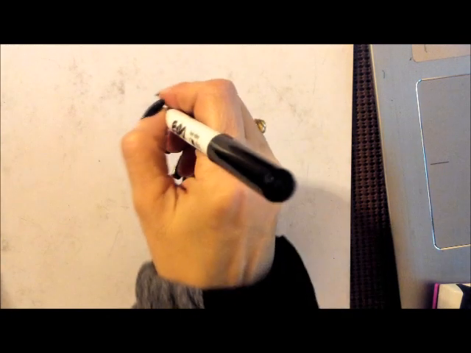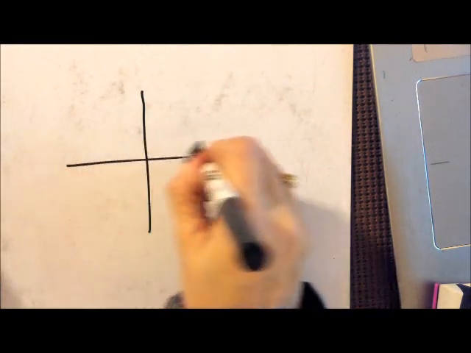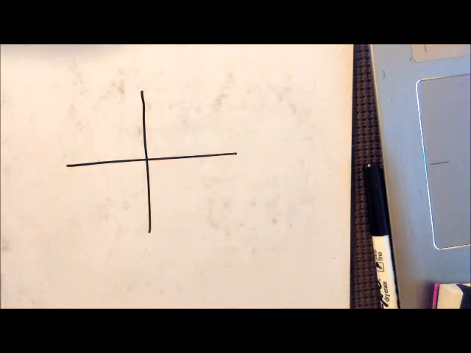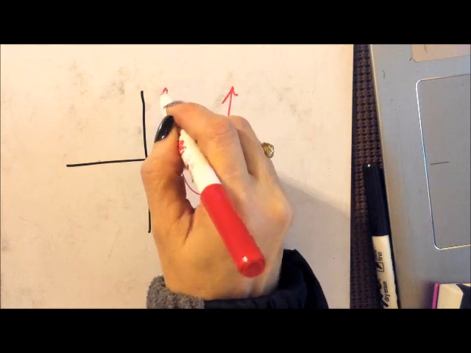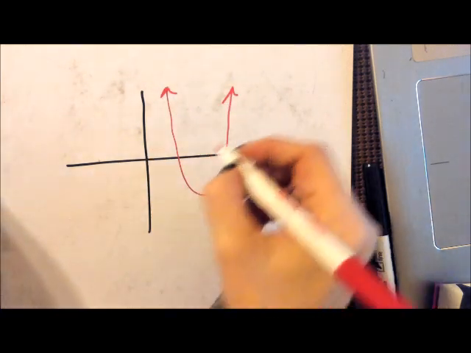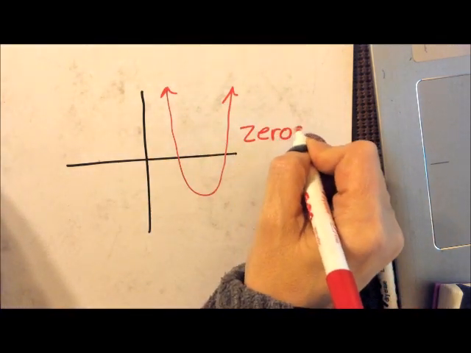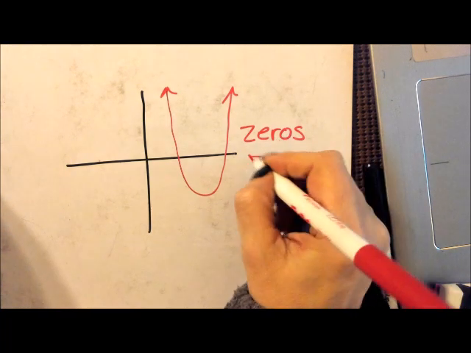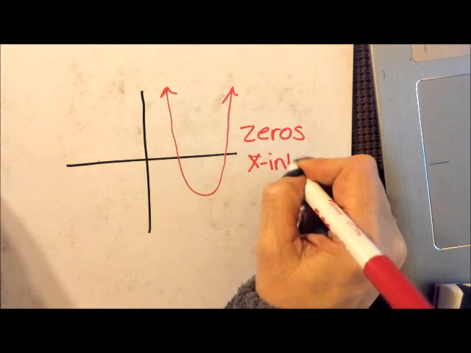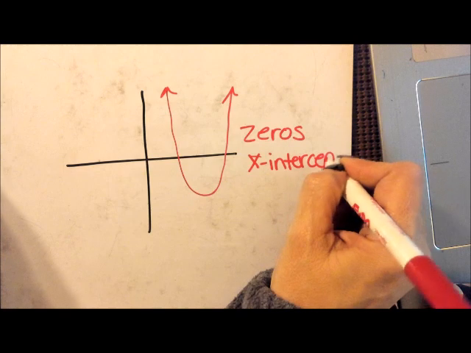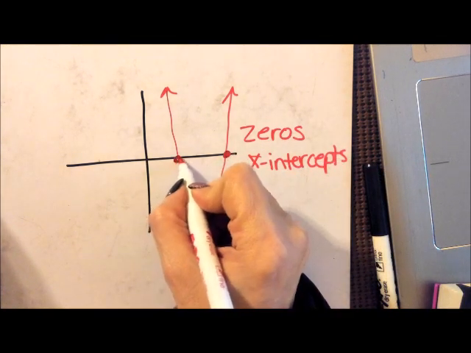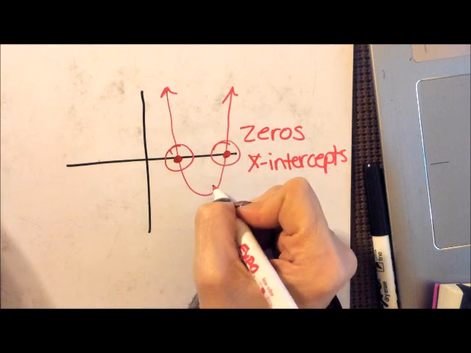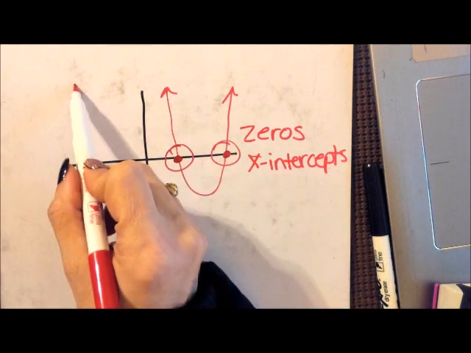Otherwise, okay, if I give you a graph, and that last one kind of answered this question already, but if I give you a graph and I say, what are the zeros? And I'm going to write that word down so you hear what I'm saying. The zeros are the same thing as the x-intercepts. So if I ask you what the zeros are, they're the x-intercepts, right here and right here. Now, the zeros could be here.